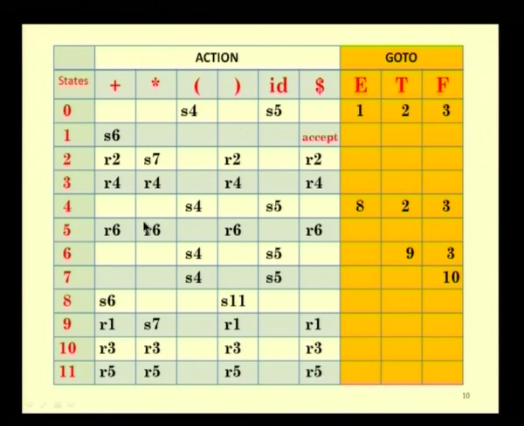So this is how we are obtaining all the shift actions. You can find up to that state number 8 for plus and for closing bracket.